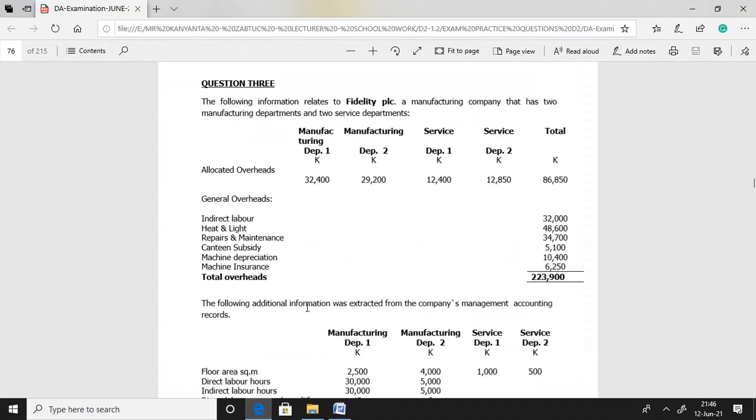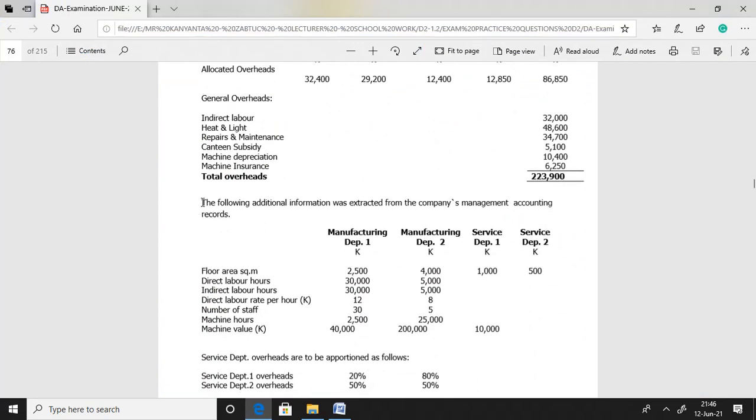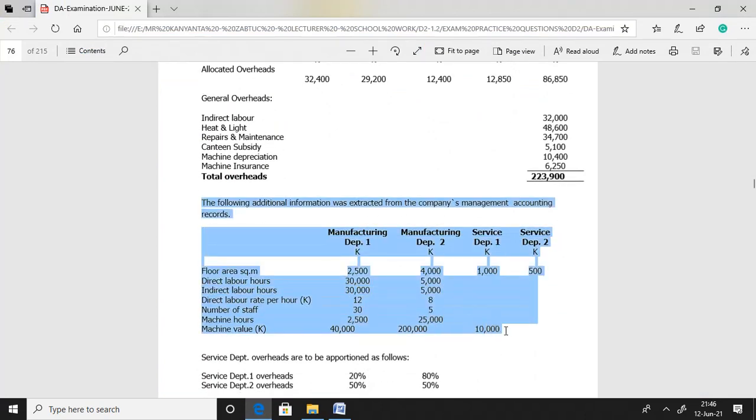Look at the question again. We have this information here that helps us to pick an appropriate basis. Look at this information and think about what can be the appropriate basis of apportionment for indirect labor. Well, you guess right. Indirect labor hours.